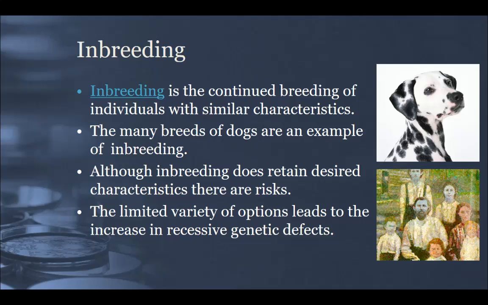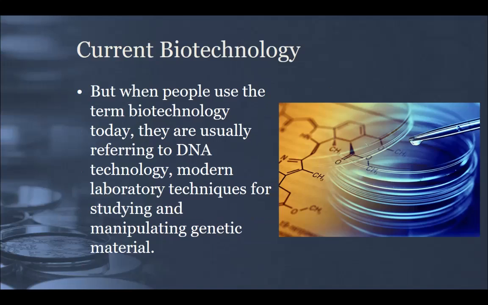Now, when you think of genetic engineering, when you think of biotechnology, you're probably not thinking of hybridization or inbreeding. But these are historic examples of these two technologies. When people use the term biotech today, they are usually referring to direct DNA technology, modern lab techniques for studying and manipulating genetic material.